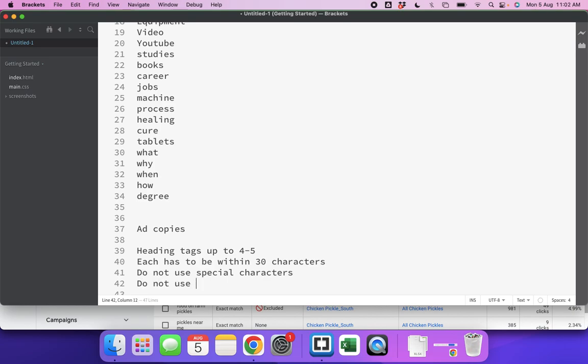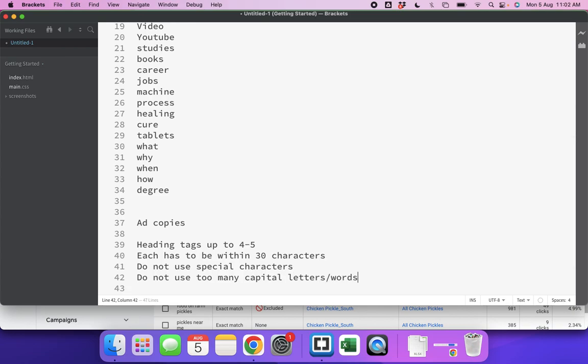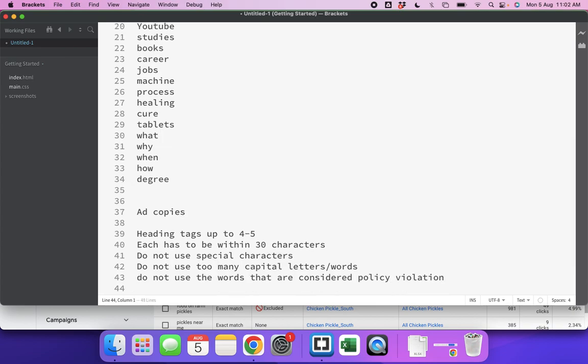Do not use too many capital letters or words. Do not use the words that are considered policy violation. These are guidelines for ad copies. So the ad that you show on Google.